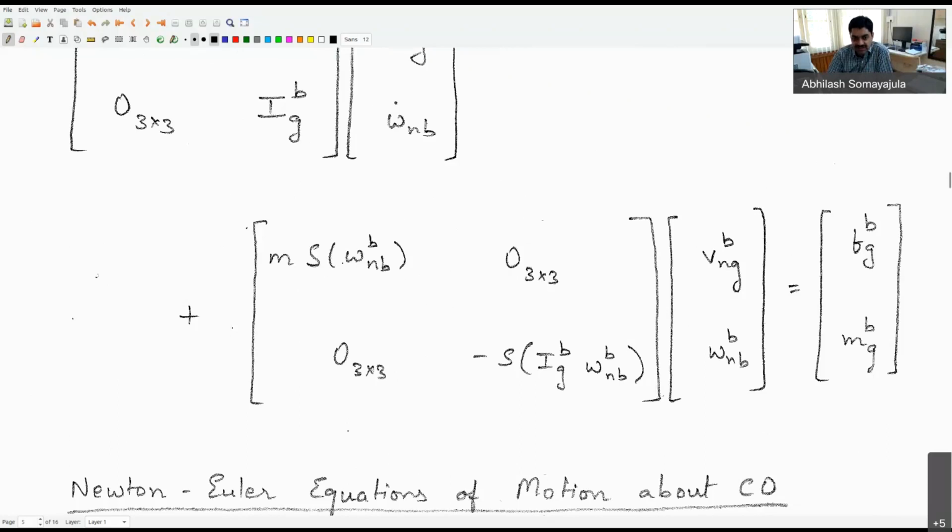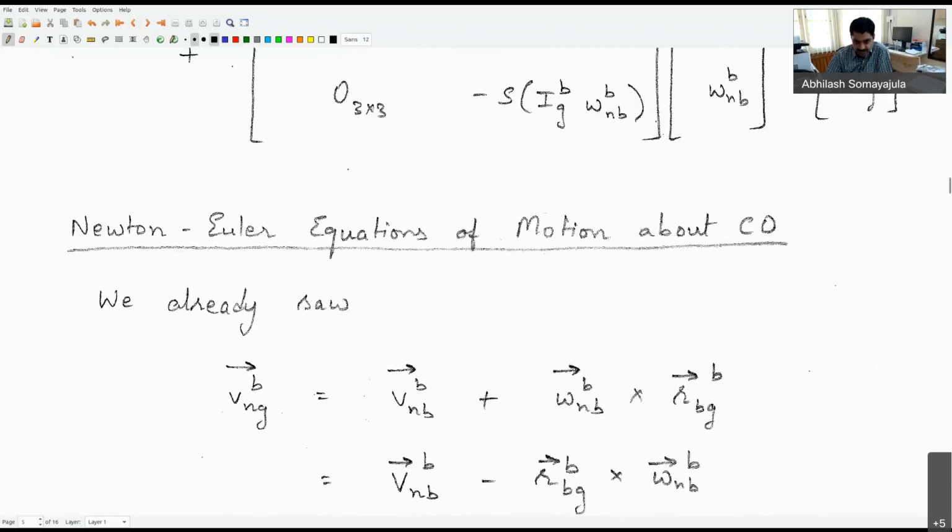Again, this is a skew-symmetric matrix constructed from omega nb, and the bottom half is the negative of a skew-symmetric matrix constructed from Ig times omega nb. And this whole matrix is multiplied by the velocity vector to give us the centripetal forces.